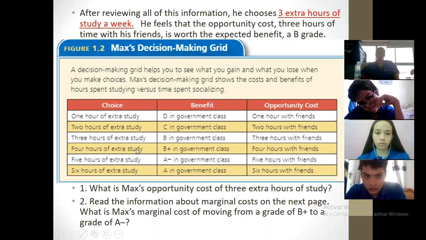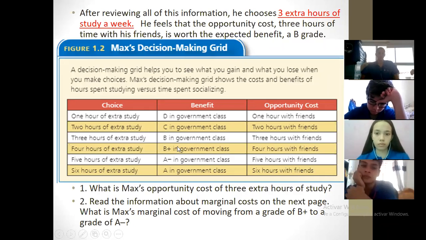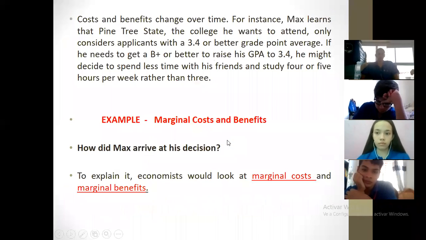Why? Because he needs to get a B+ in order to enter that university. So his marginal benefit is 1, and his marginal cost is that he's going to lose 1 hour if he decides to spend it with his friends. Okay, that is the concept of marginal.